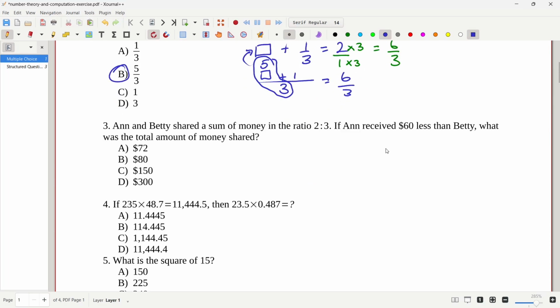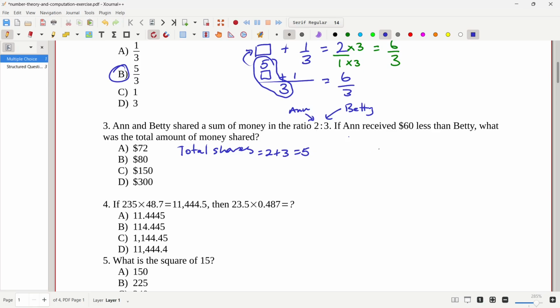The next one: Anne and Betty share a sum of money in a ratio of 2 to 3. Anne received $60 less than Betty. What was the total amount of money shared? So the total shares is equal to 2 plus 3, which is 5 shares. Here is Anne's share, and this here is Betty's.